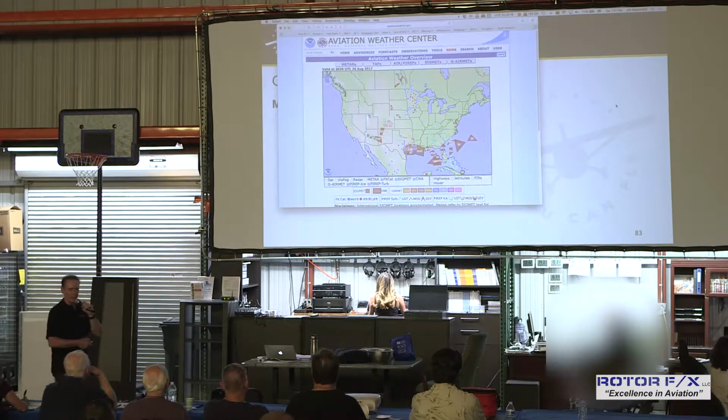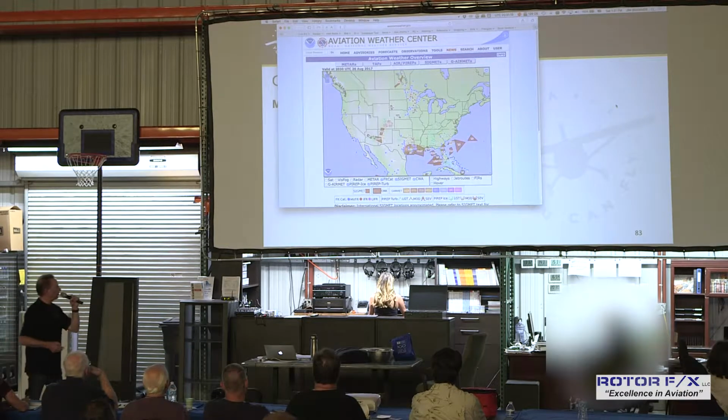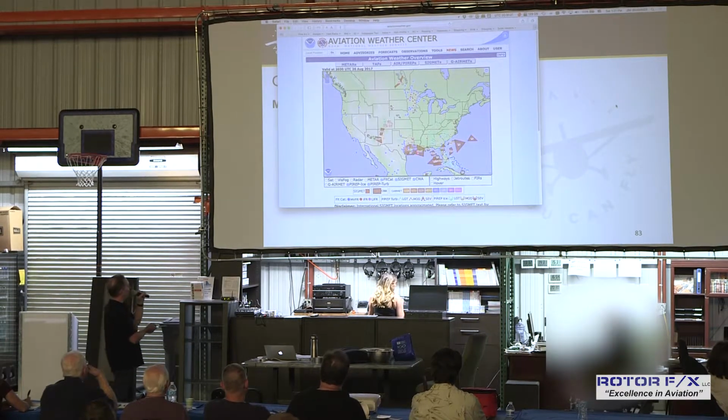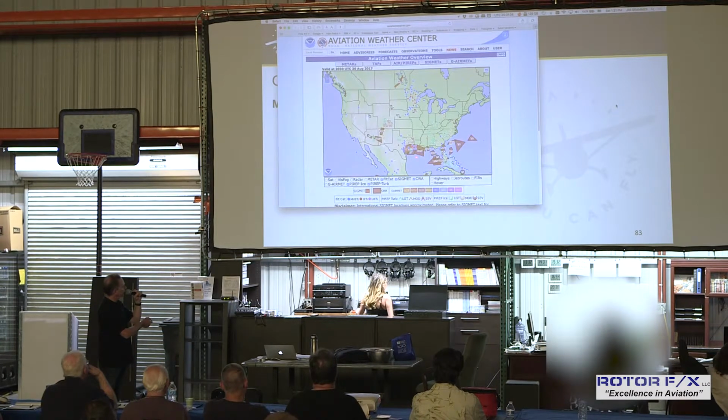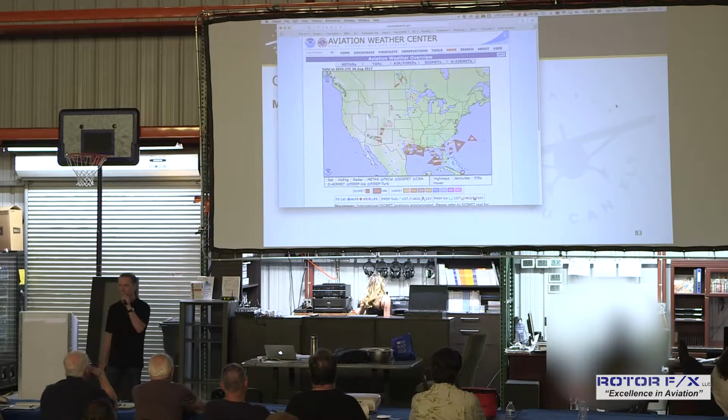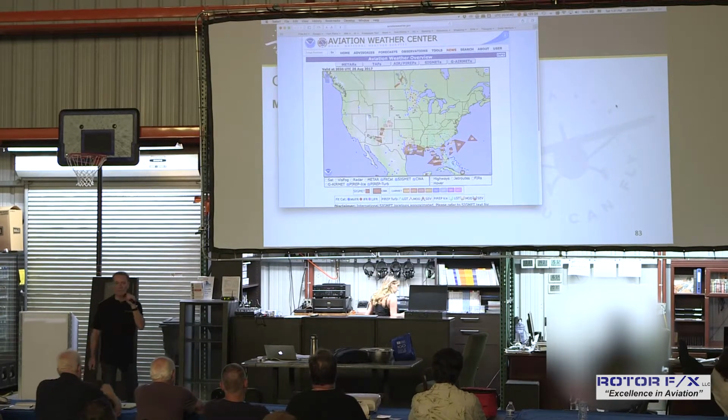This is the hurricane that's down there right now. So that's called a SIGMET, which is a significant meteorological event. And that's why it's color-coded in red. You see SIGMET here? The whole area, lower Texas and Louisiana, is in a SIGMET right now.